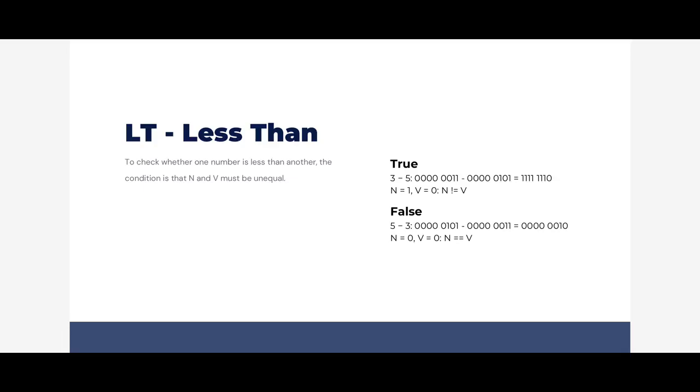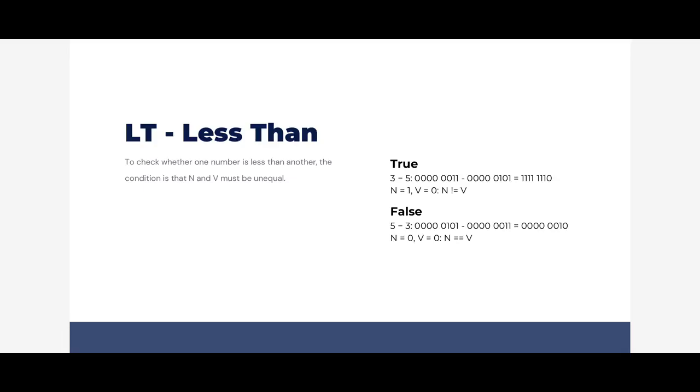But there is no overflow. To make sure overflow happens, there must be no space for the sign bit, and this is not the case. It means this case is true because negative and overflow bits are different and they are not equal to each other.